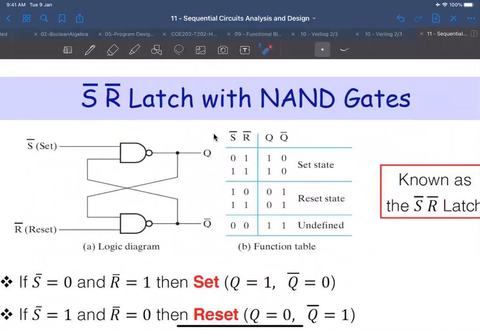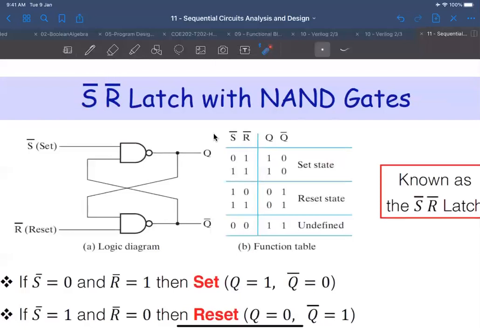Please guys, wake up and notice that I'm discussing a new type of latch now. It's different than the SR latch that we discussed. The SR latch uses what? NOR gates, and this S complement R complement latch uses NAND gates. Now, why is it called S complement R complement?